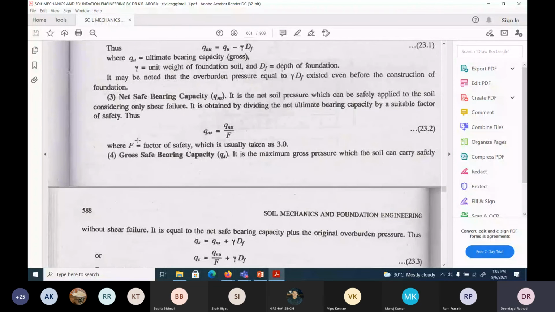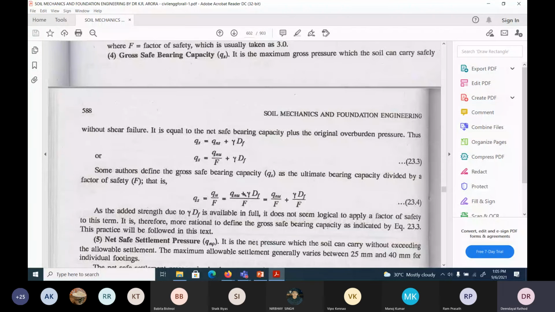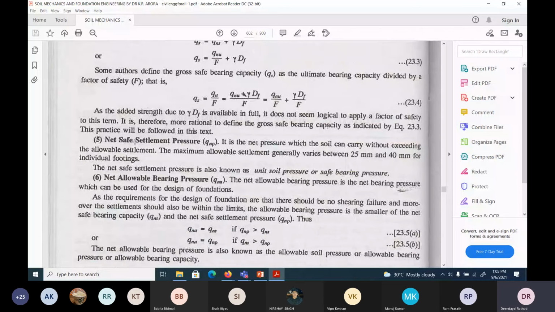Understood? Some authors may refer to it this way. Net safe settlement is the pressure the soil can carry without exceeding the allowable settlement. The maximum settlement generally varies from 25 mm to 40 mm.